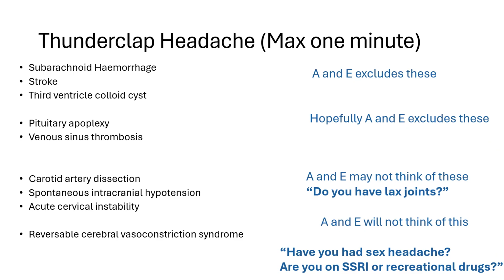So the first three problems, hopefully they will be excluded with a CT scan. Hopefully pituitary apoplexy, that is a hemorrhage into the pituitary gland, or venous sinus thrombosis will have been thought about in casualty, and they would have excluded those things. If they have pituitary apoplexy, then they will have systemic features.